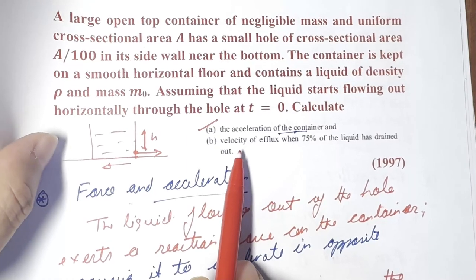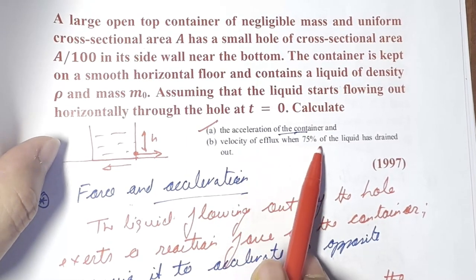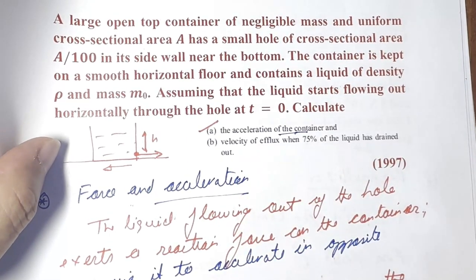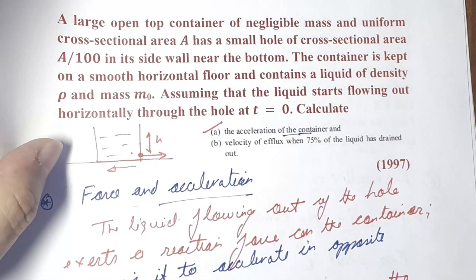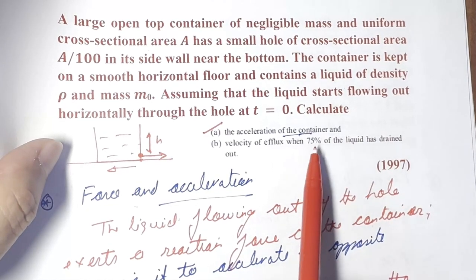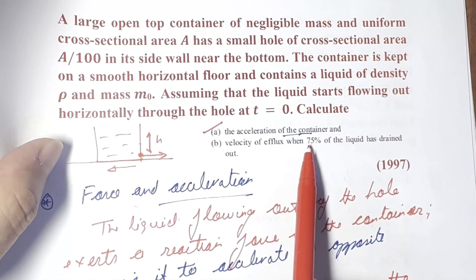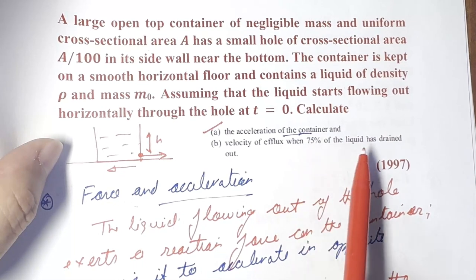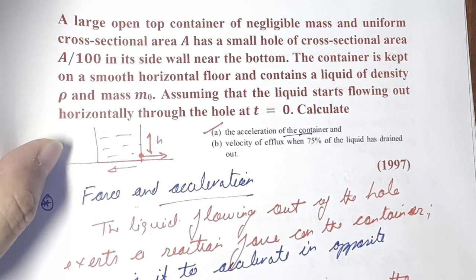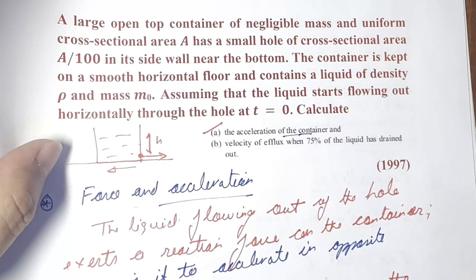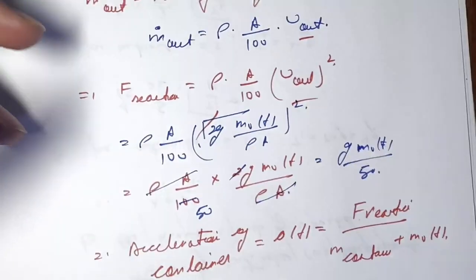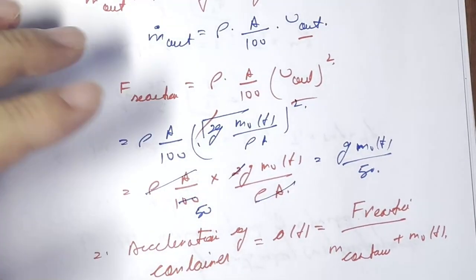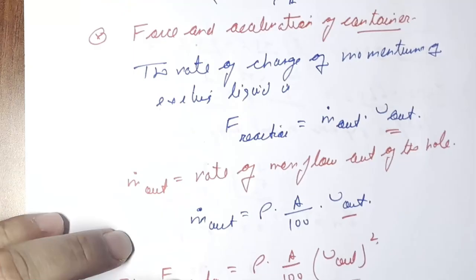Part B states the velocity of efflux when 75% of liquid has drained out. In this case, we can directly use Torricelli's theorem once again. The only thing is that it is given that 75% of the liquid has drained out, so it means only 25% liquid is available inside the container. So the formula is going to change a little, and we can use directly Torricelli's equation.